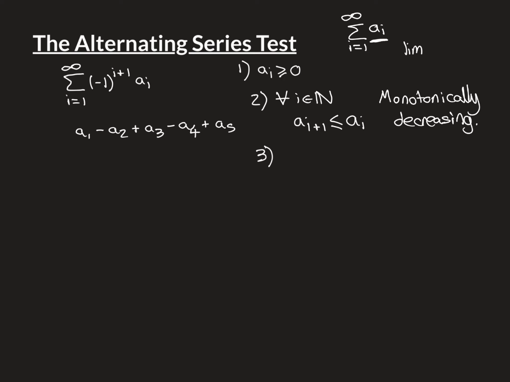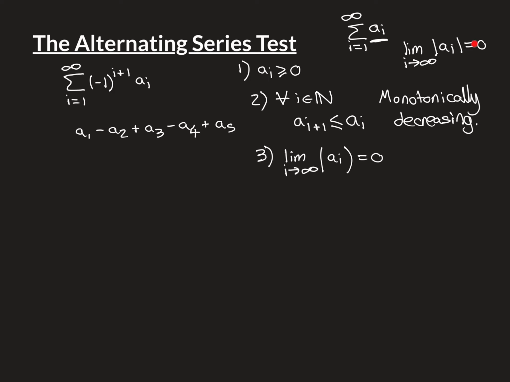In particular, that the limit as i approaches infinity of the absolute value of a_i must equal 0. And indeed, you could get rid of that absolute value. The limit of the terms of the sequence must go to 0. And that's what we're going to put here, that the limit as i approaches infinity of a_i must equal 0.